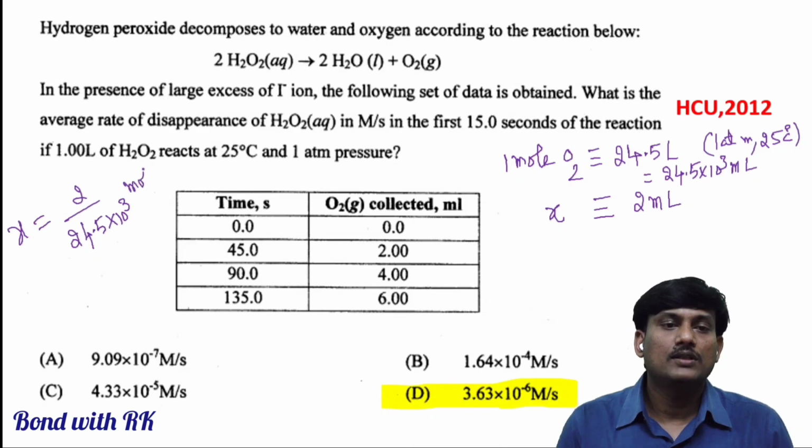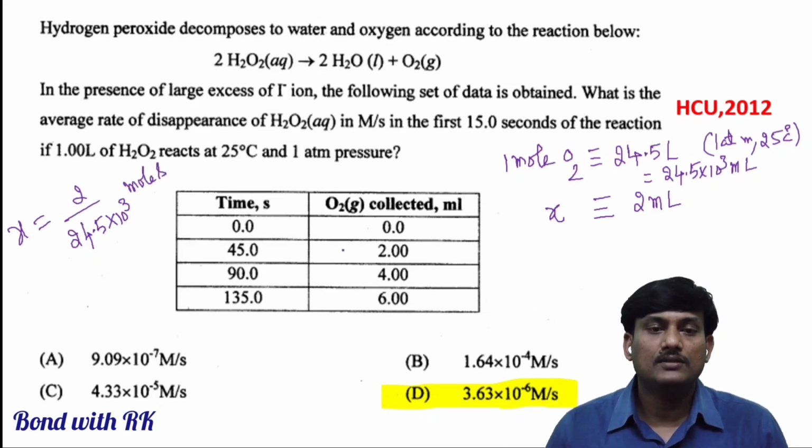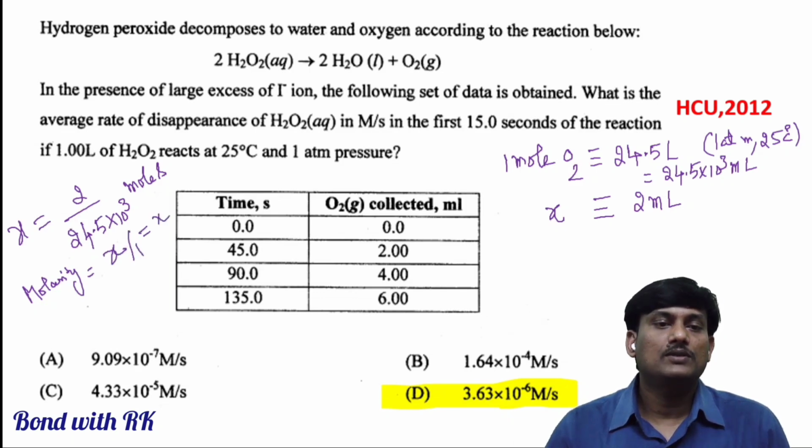These are the moles collected in 45 seconds. Here the volume of the container is 1 liter. So the molarity of the O2 collected is x by 1, so it will be equal to x.